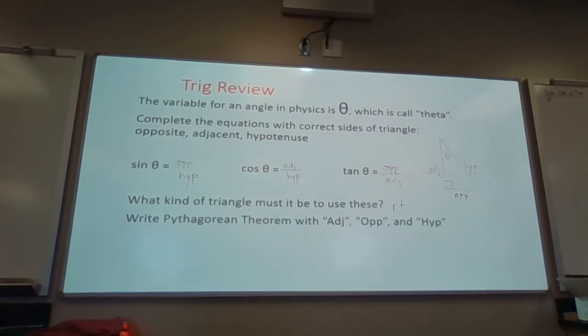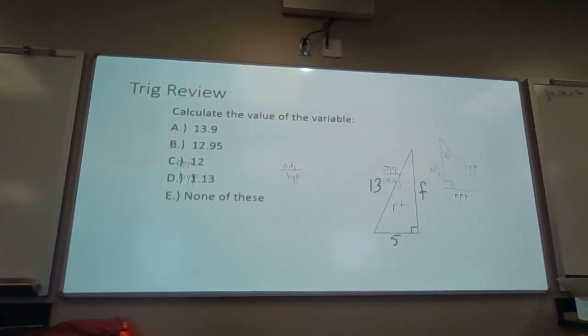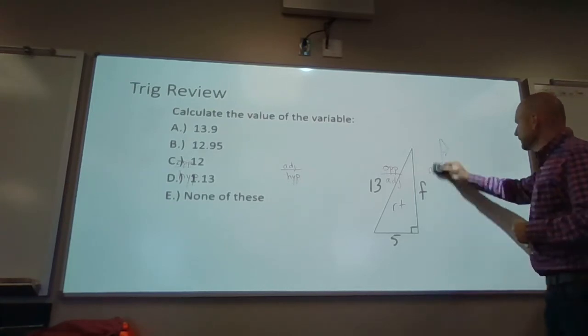So it could be adjacent squared plus opposite squared equals hypotenuse squared, or it could be opposite squared plus adjacent squared equals hypotenuse squared. The important part is that c is the hypotenuse. Okay? So, get out a calculator.